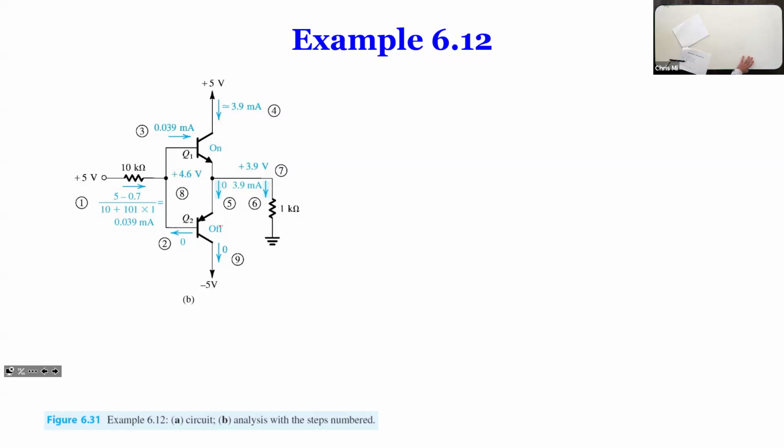So this is the final solution when we consider the battery is not infinity. Instead of 5 volts, it now goes to 4.6 volts, right? Initially we assumed VB is 5 volts, but it's actually 4.6, and the output is 3.9 because we use 4.6 minus 0.7. We got 3.9 instead of 4.3. So everything changes a little bit, but the on-off status won't change for Q1, Q2.